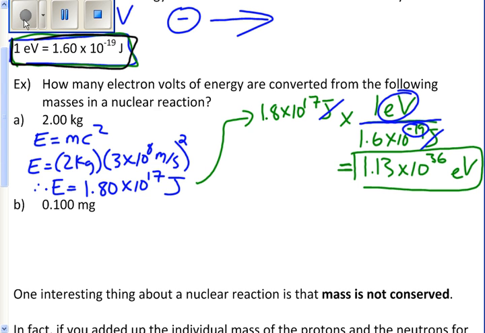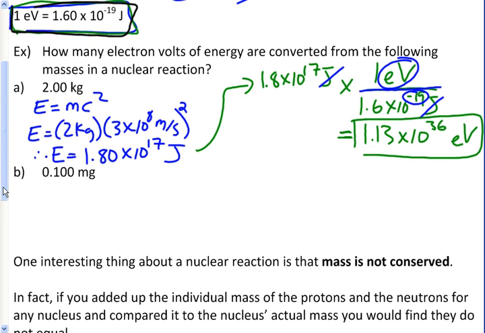So we will try that again. Let's try 0.1 milligrams. Now, just for the record, milli means I need to move it 3 places to the left. So I'm going to have 0.0001 kilograms. That'll change this to kilograms.